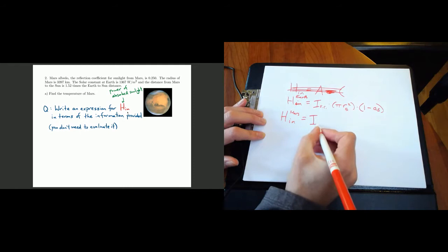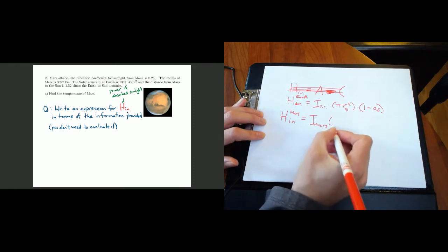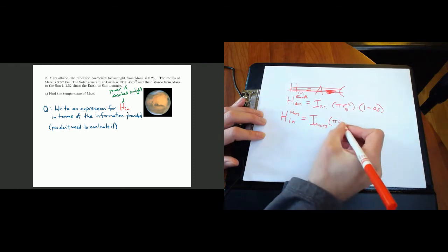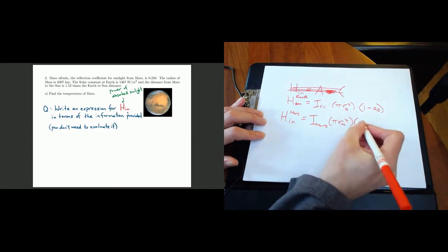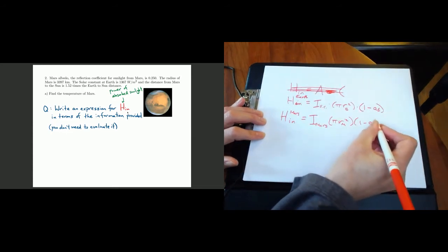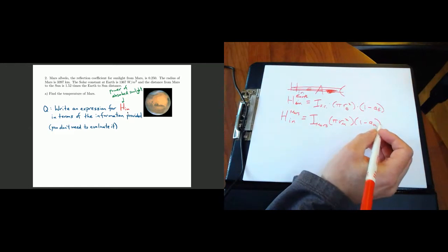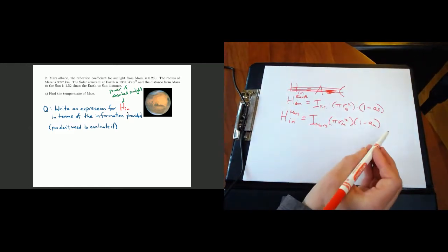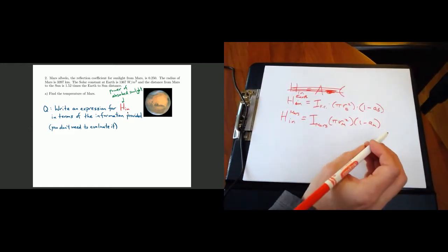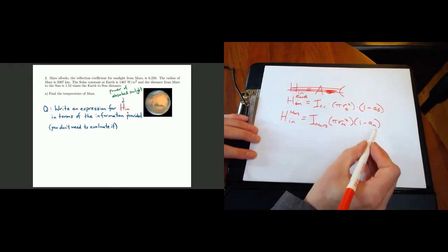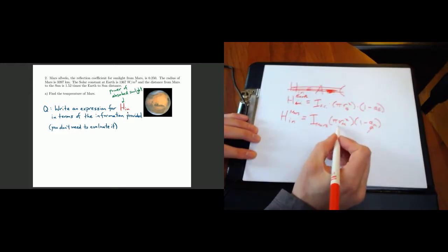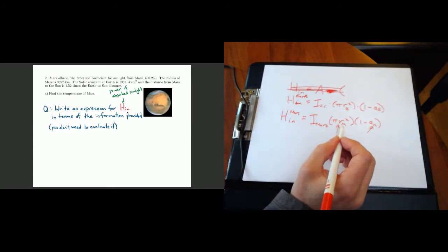So it's kind of obvious. It's really just the same equation, except instead of the Earth quantities, we write the Mars quantities. Now, if we refer back to the question, it gives us the albedo for Mars, and gives us the radius of Mars.